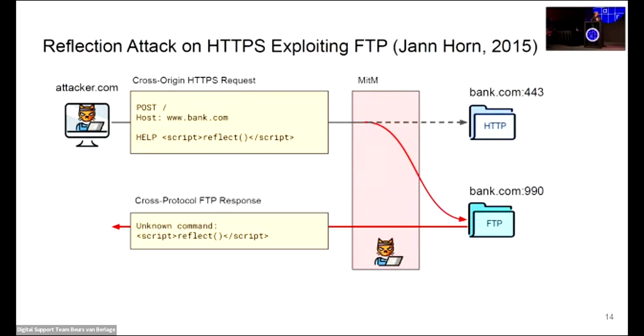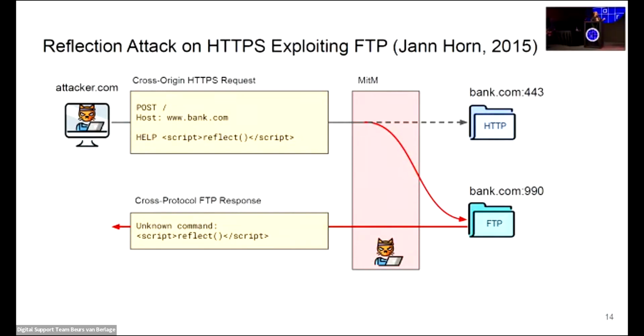So then the man-in-the-middle attacker redirects that to the bank.com FTP server. And the browser will accept this connection because there's a compatible certificate. It thinks it is talking to the web server. And then the FTP server may be error tolerant, ignore the HTTP header, and then find this FTP command.